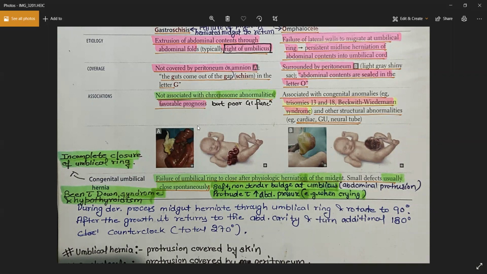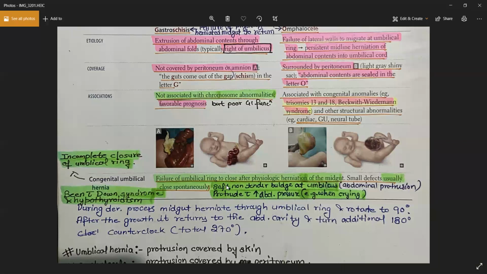They will ask you the causes. There is no specific cause for gastroschisis. Trisomies 13 and 18 and Beckwith-Wiedemann syndrome for omphalocele, and Down syndrome and hypothyroidism for the congenital umbilical hernia. If these defects are small, they will close spontaneously. It presents as a soft and non-tender bulge at the umbilicus.